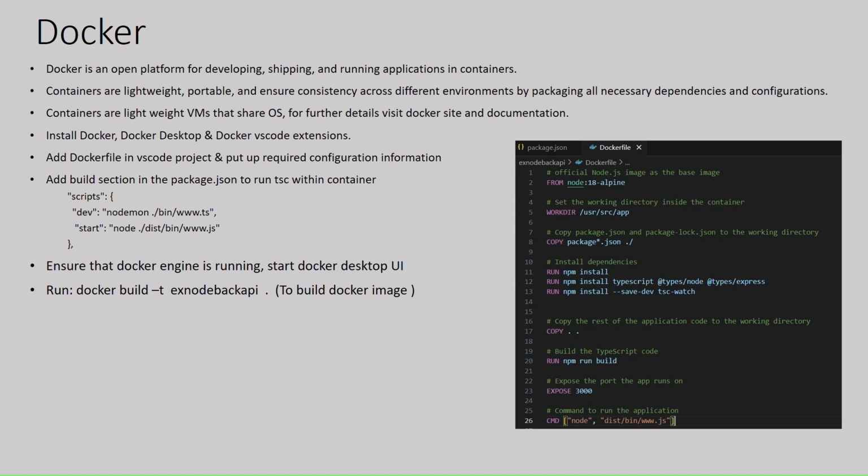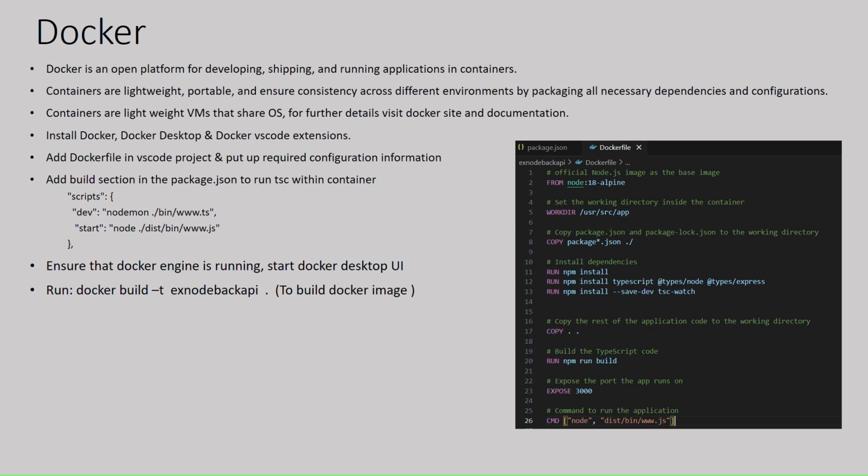So what we need for that is 3 things. First thing is that we need to install Docker, Docker Desktop, and the Docker VS Code extension. I've already installed them for this video, and you can visit the Docker website if you would like to install it on your machine.